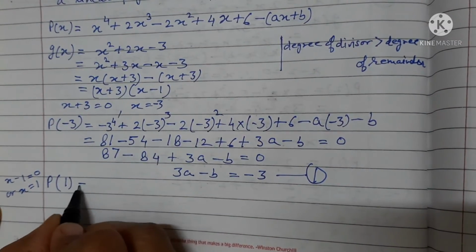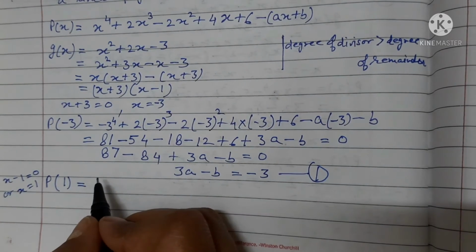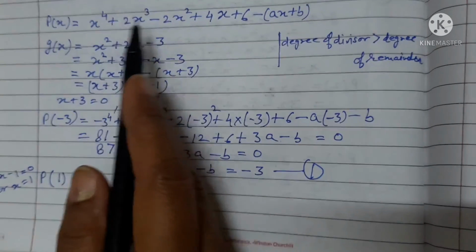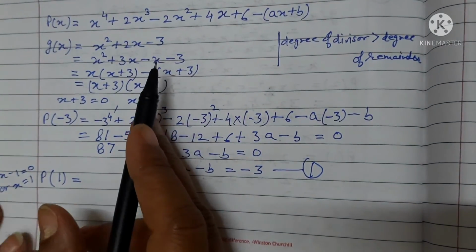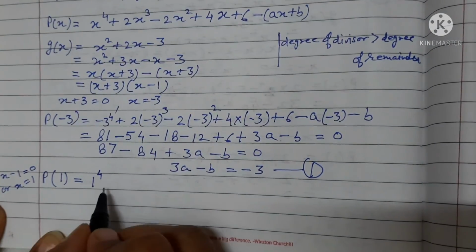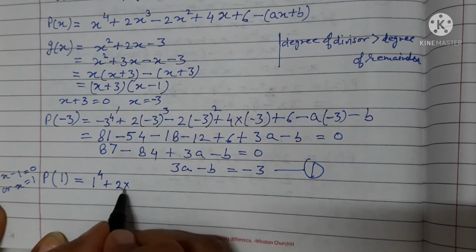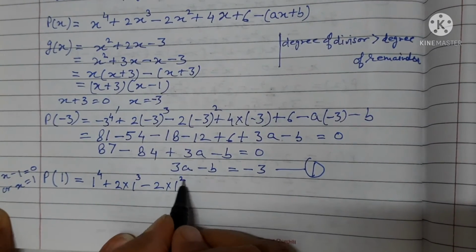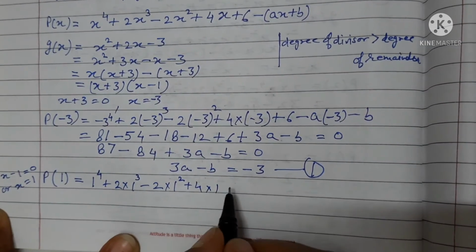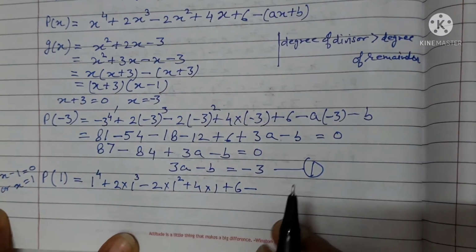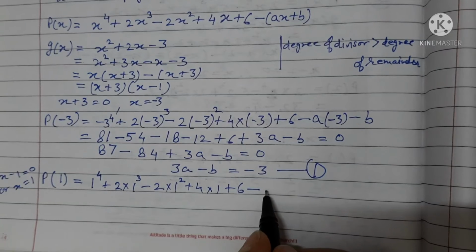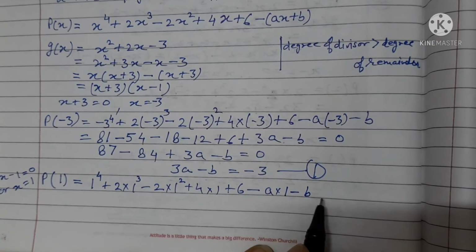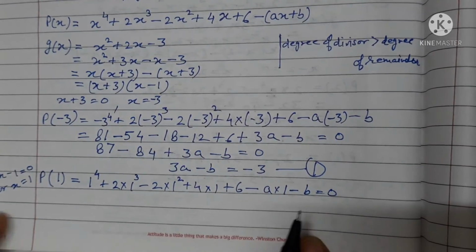P of 1 is equal to, solve it, putting the value in the polynomial. So 1 to the power of 4 plus 2 into 1 cube minus 2 into 1 square plus 4 into 1 plus 6 minus a into 1 and minus b is equal to 0.